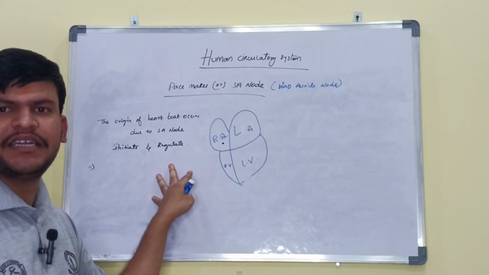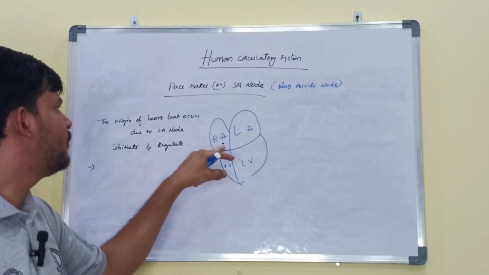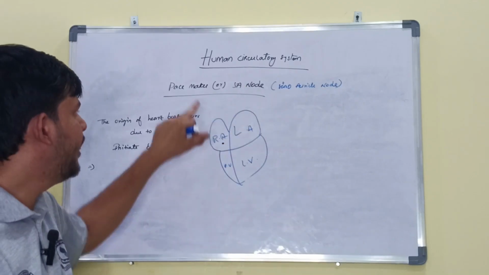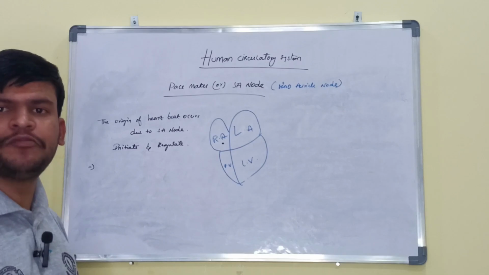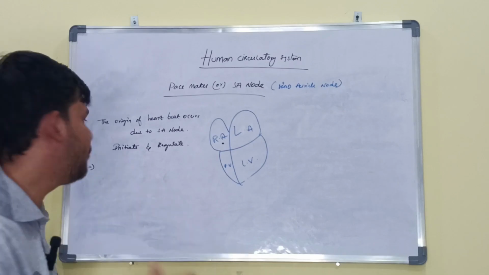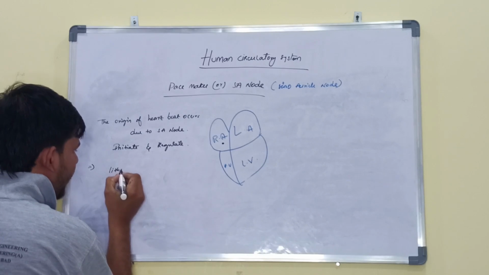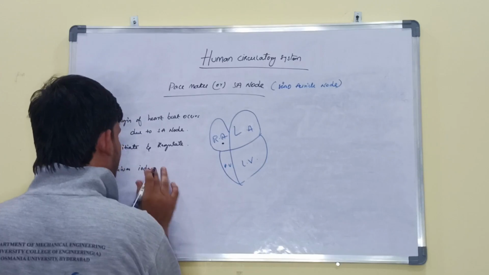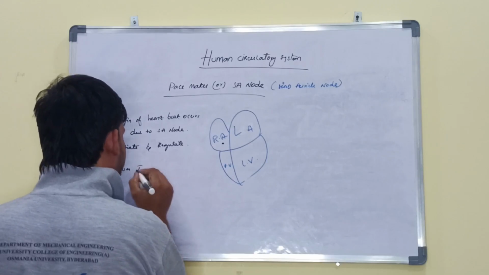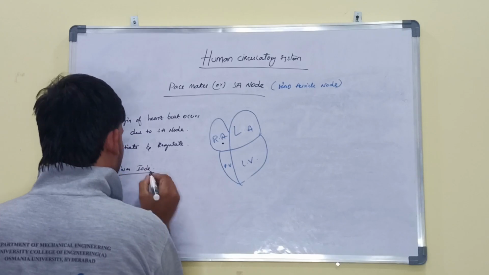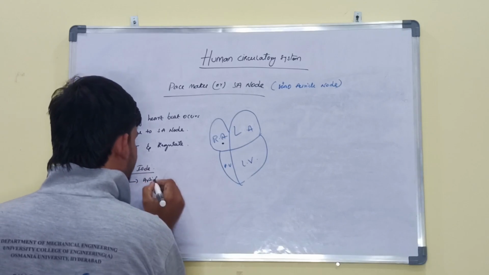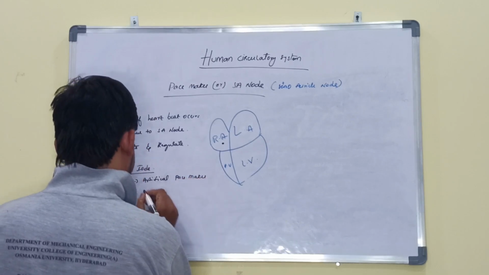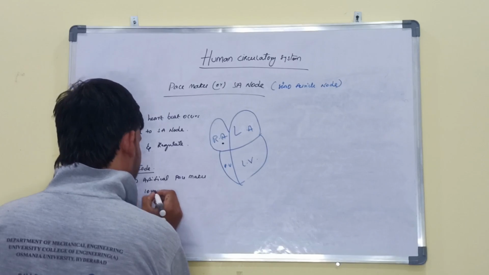If the person's sino-auricular node is not working, then the doctors will transplant a temporary or artificial pacemaker that is made up of lithium iodide. It is known as an artificial pacemaker, and it will work for 10 years.